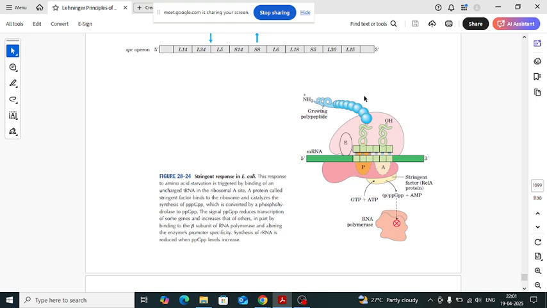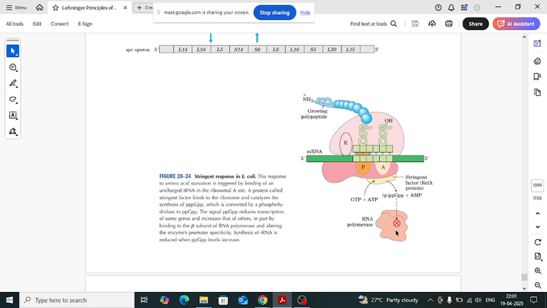Again, when there is amino acid starvation, an empty tRNA binds to the A site of the ribosome, triggering binding of the stringent factor RelA, which takes GTP and ATP to make pppGpp plus AMP. The terminal phosphate is removed by the phosphohydrolase to make ppGpp. This ppGpp binds to the beta subunit of the RNA polymerase and alters its promoter specificity.